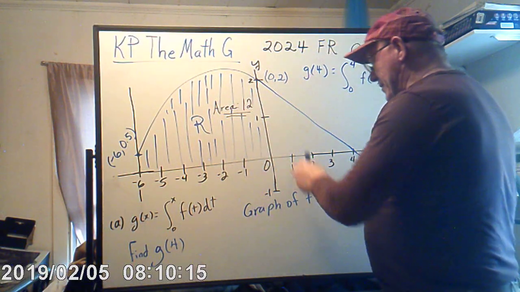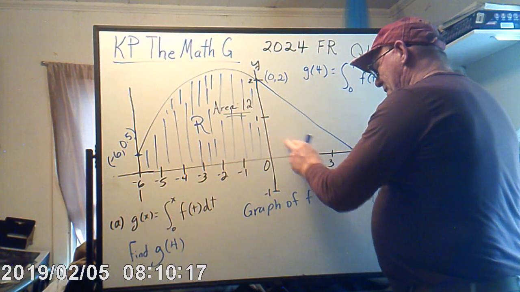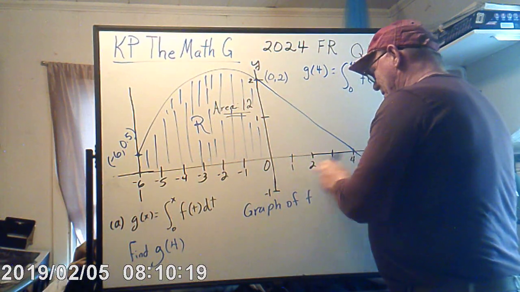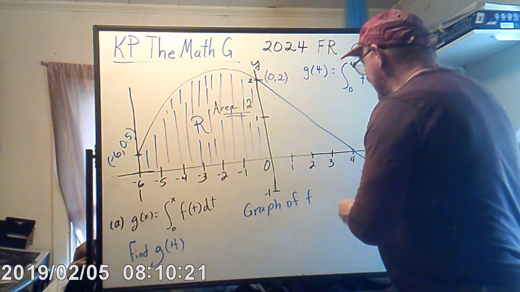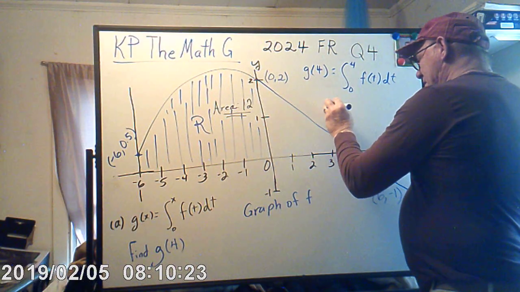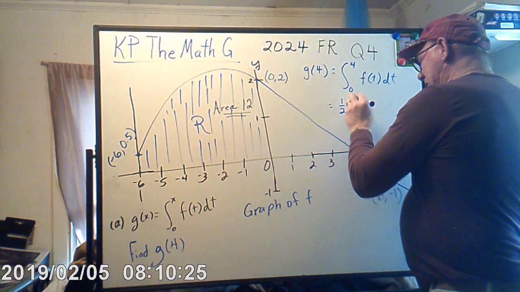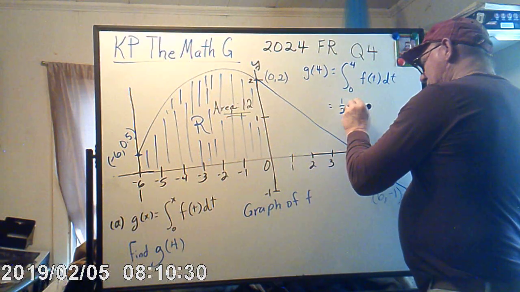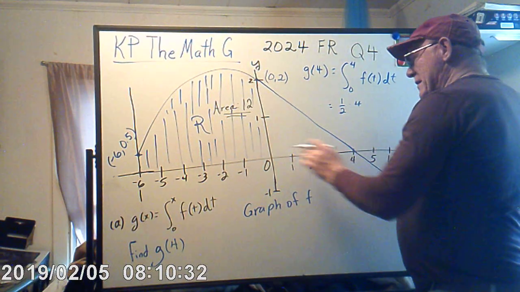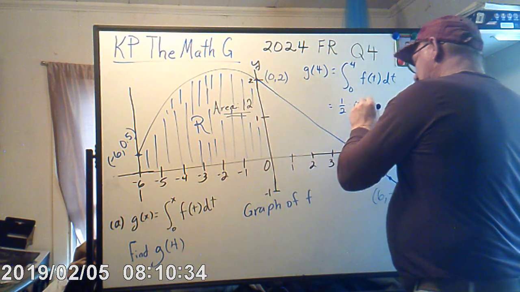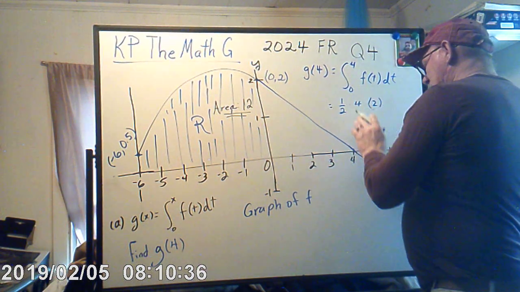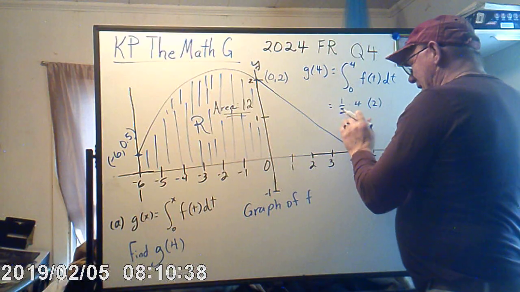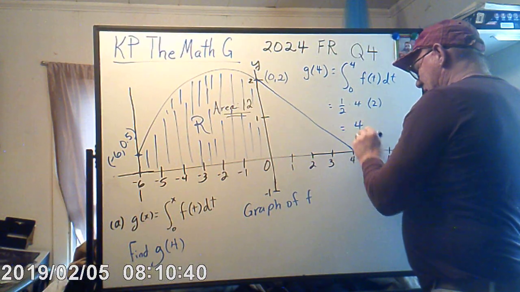So this is a right triangle, and the area of this triangle is one half the base. The base is 1, 2, 3, 4, so times 4. The height is 2, so times 2. 4 times 2 is 8. Half of 8 is 4.